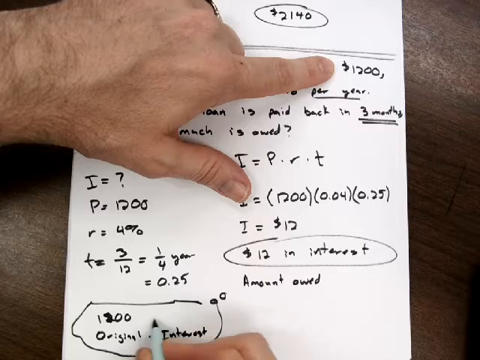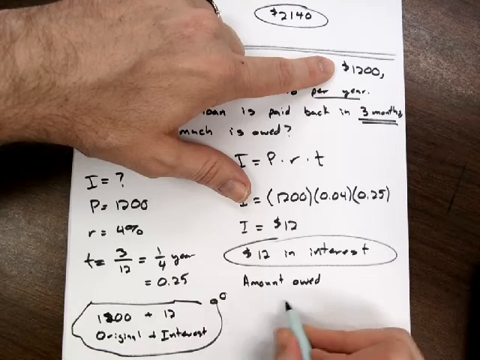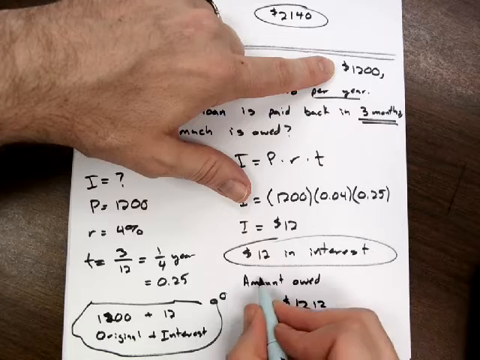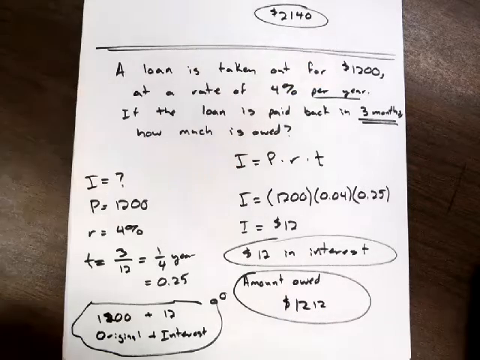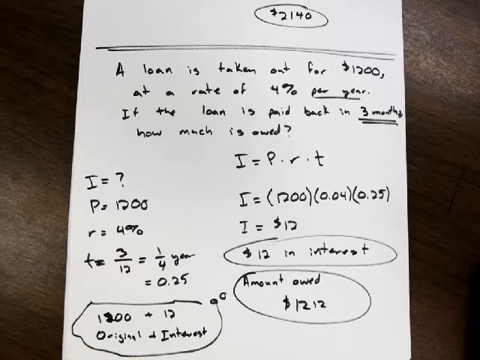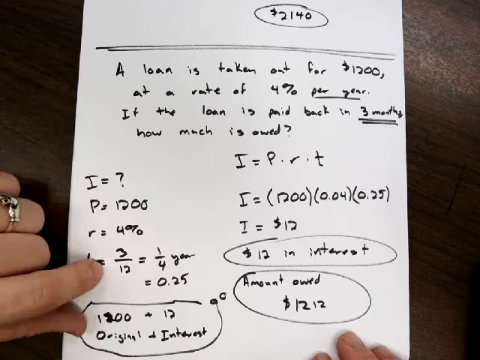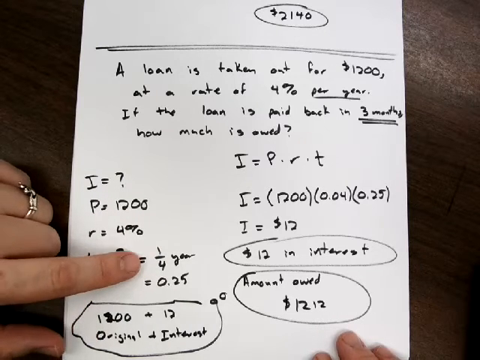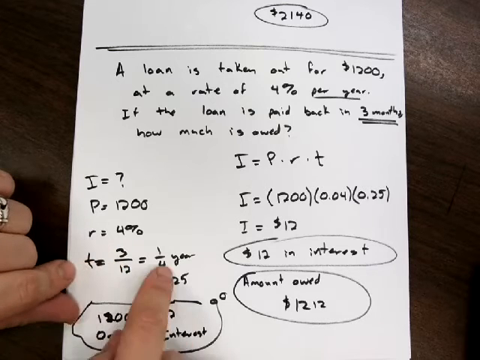That's going to be $1,212. So this is what happens if I've got a smaller portion than my original. I'm going to have to do a little bit of calculation with my time.